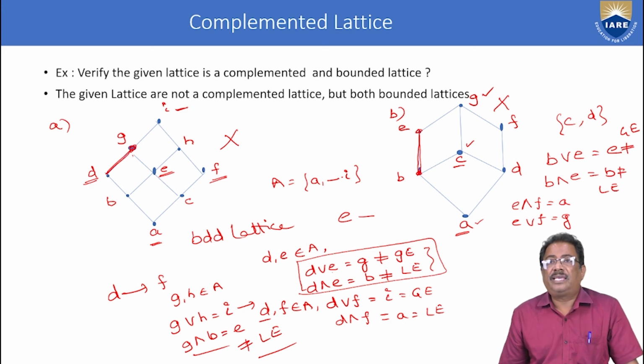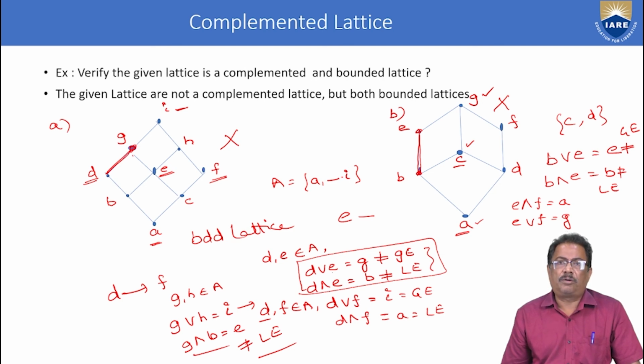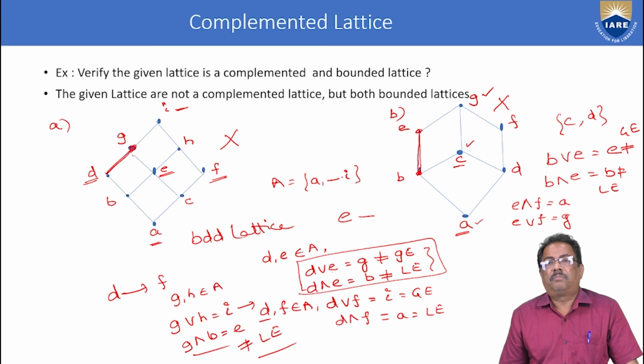And for E and F, the greatest lower bound is not the least, and the least upper bound is not the greatest. So we can say that E does not have any complement, whereas D has a complement, which is F, and F also has a complement, which is D, but E does not have any complement.